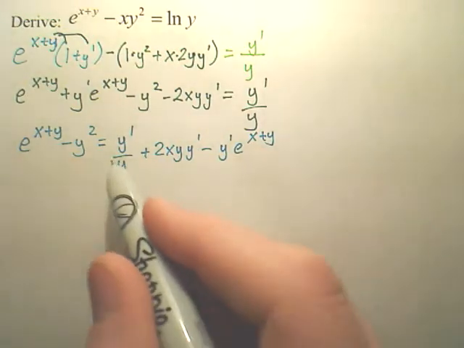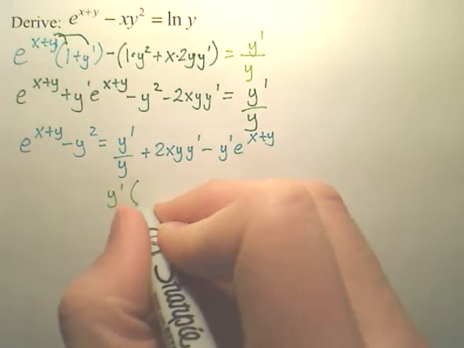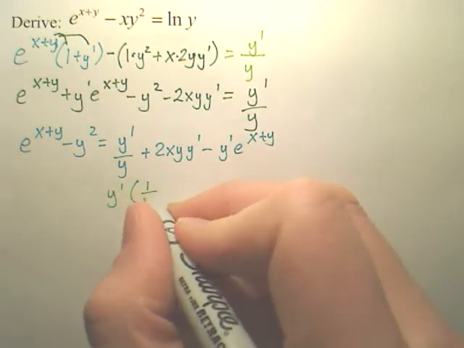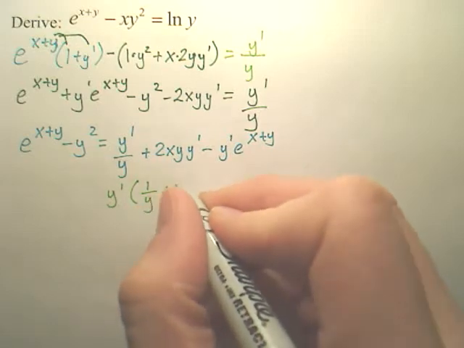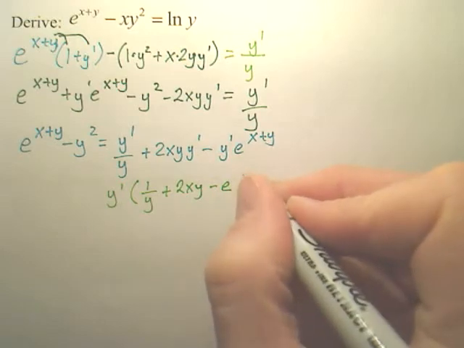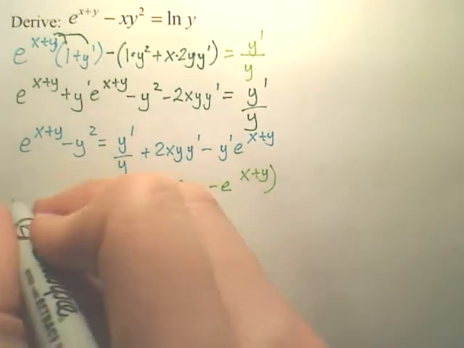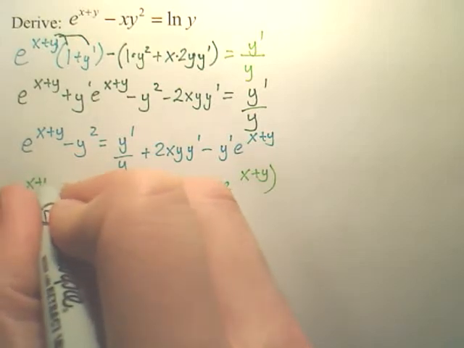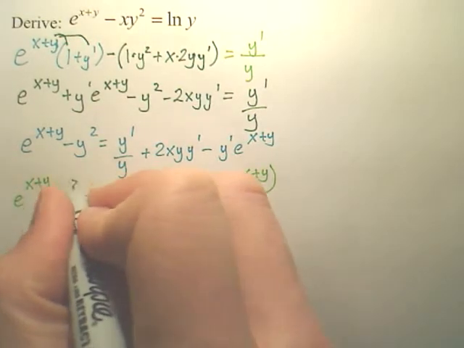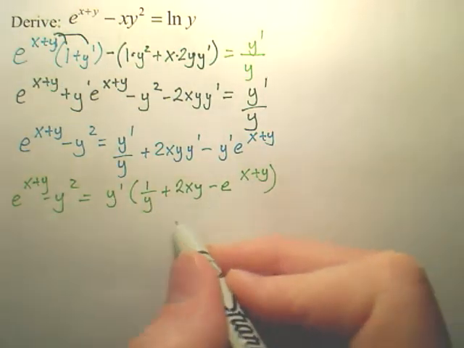Now we want to get the y primes out of all this. So we got y prime, it looks like we have 1 over y plus 2xy minus e to the x plus y equals this. Now I can see how this could get ugly when we're going to divide this over.